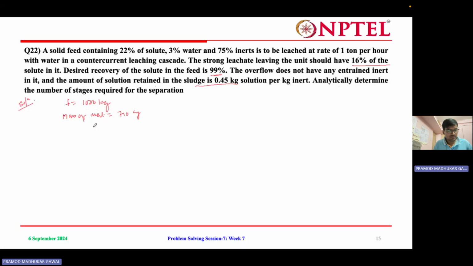And then S2, water in the feed, mass of the water in the feed is 30 kg, and the mass of solute in the feed is 220 kg per hour, right?